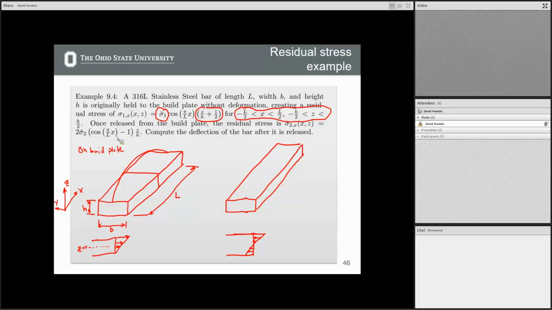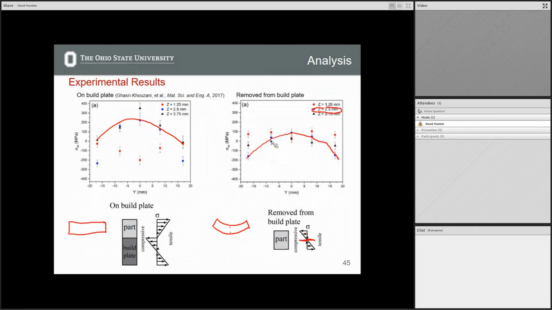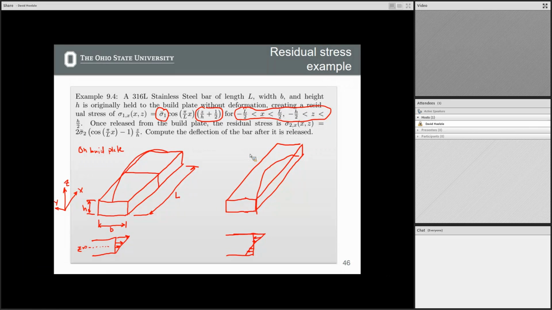This function in terms of x means that the stress is approximately 0 at the center in terms of the x direction, and then it gets larger towards the edges. So this matches the profile we saw. Approximately 0 on the center, larger towards the edge in terms of residual stress. All right. Everyone good with those kind of assumptions? Okay.